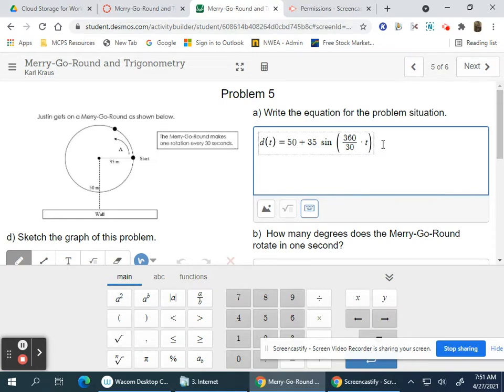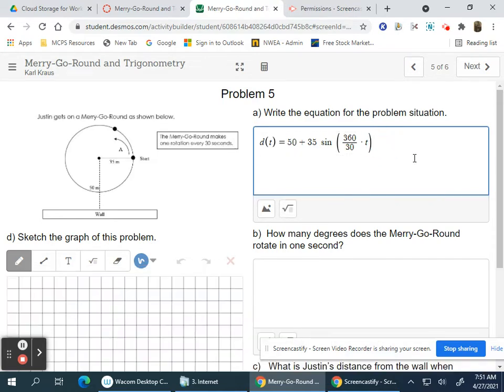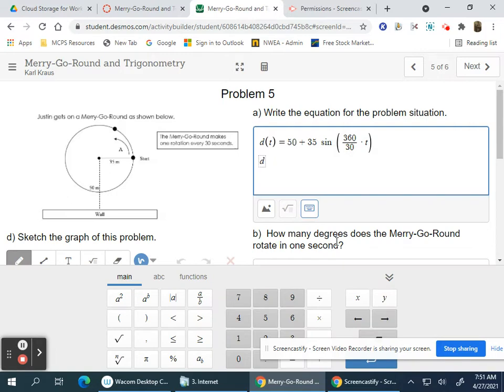And if I simplified what's in the parentheses there, D of t equals 50 plus 35 sine, 360 over 30 would be 12.